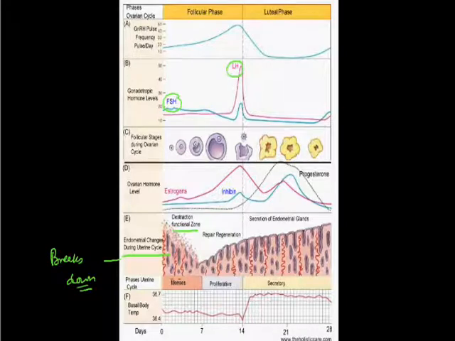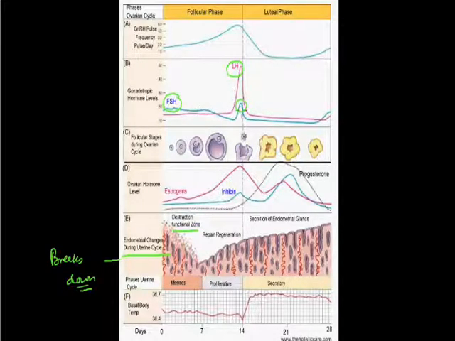You can see when the menstrual phase, the bleeding phase takes place, there are very low levels of FSH as well as LH. Whereas in the mid of the cycle, that is in proliferative phase, there are very high levels of FSH as well as LH as compared to the beginning phase.